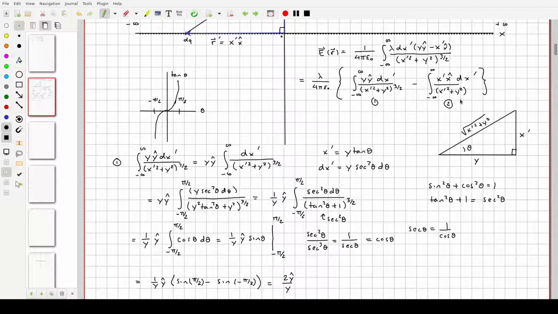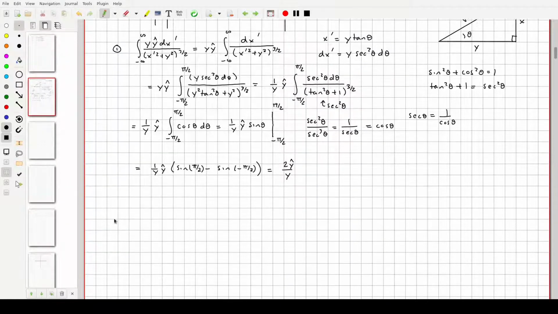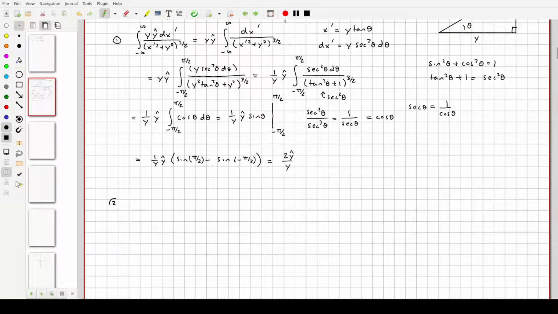Now what about integral number 2? Well, integral number 2 looks like this. Here we have an x prime, x hat, dx prime, and in the denominator you have x prime squared plus y squared raised to the 3/2 power.